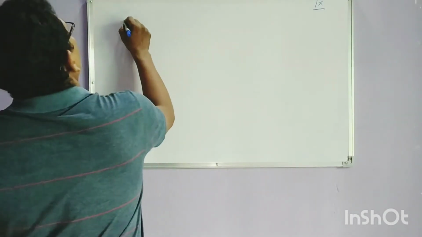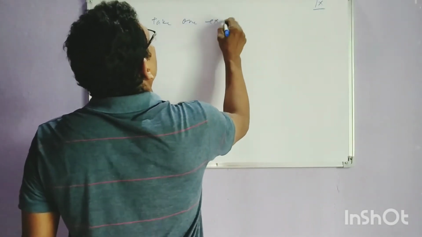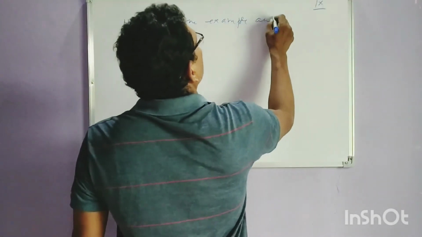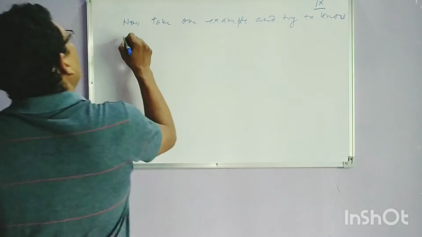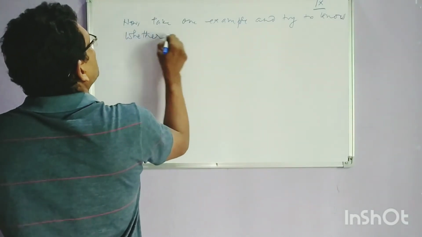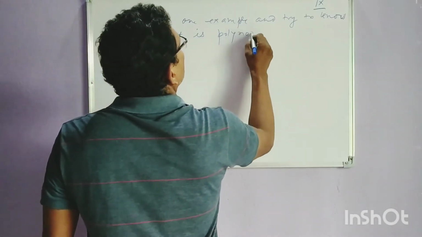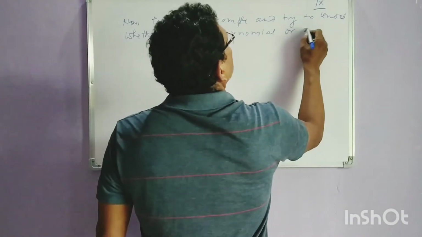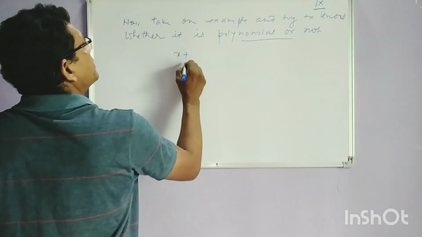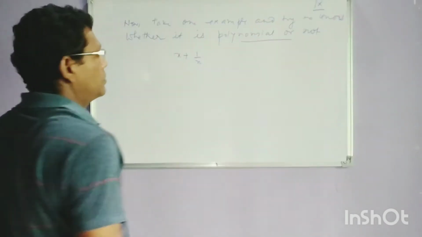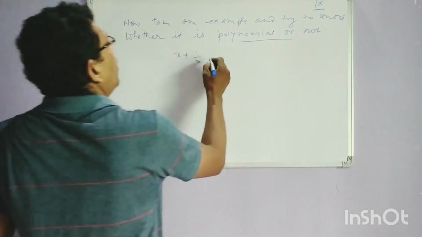Now we take one example and try to know whether it is a polynomial or not. So the expression is x plus 1 by x. We have to find out whether x plus 1 by x is a polynomial or not.